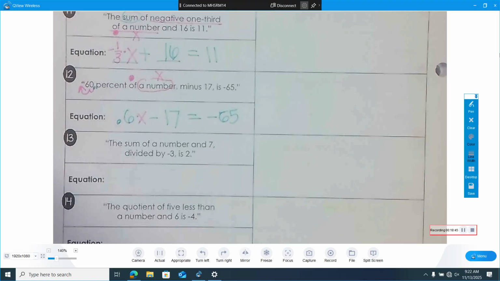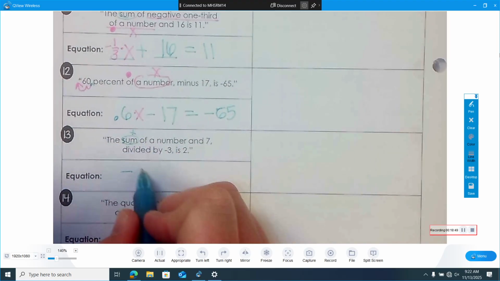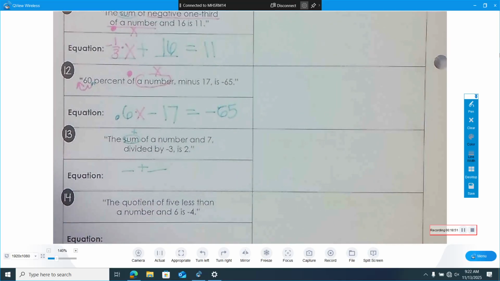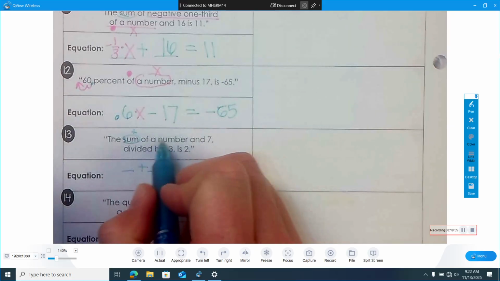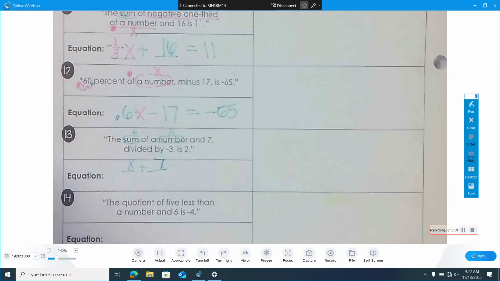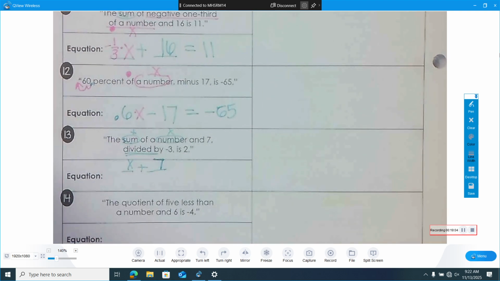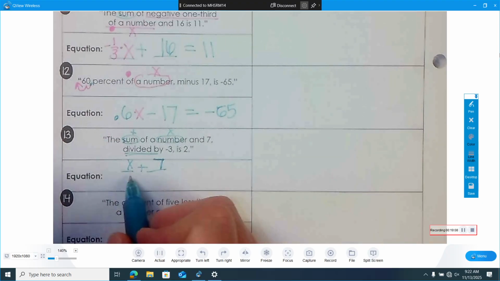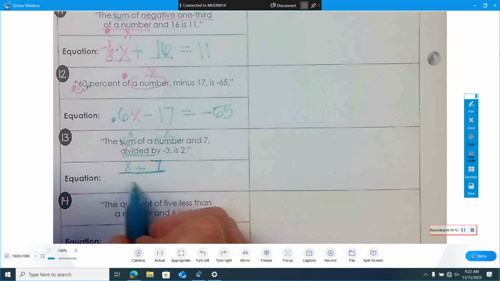Number 13. The sum means addition, so we have something plus something. The sum of a number and 7, so x plus 7, and if you did 7 plus x, that's also fine. All right. Divided by negative 3. So this is the sum all divided by negative 3.